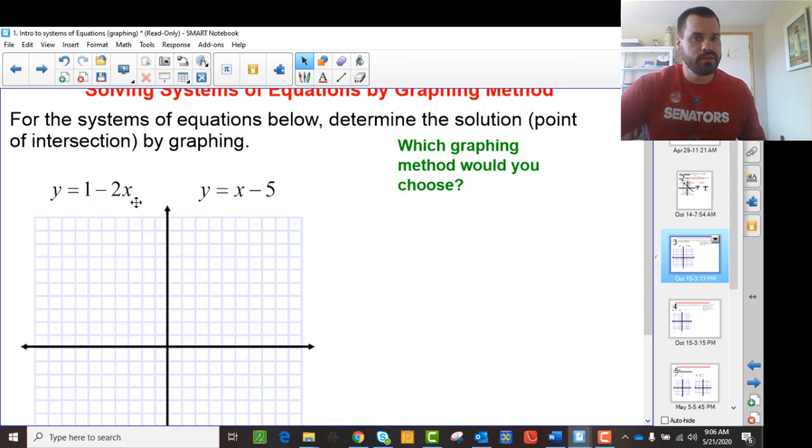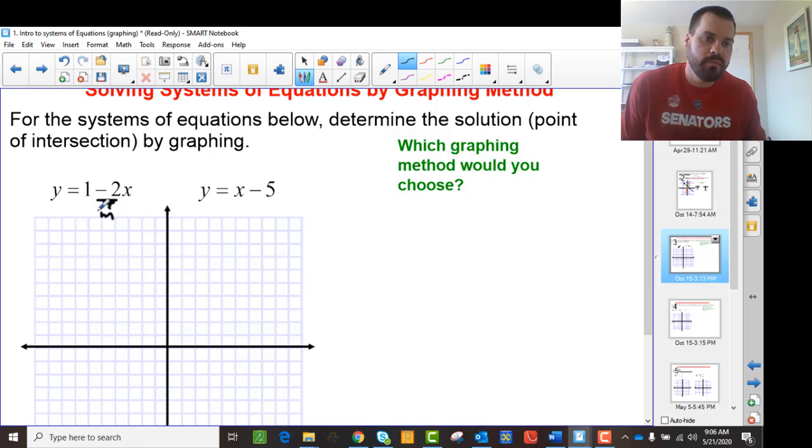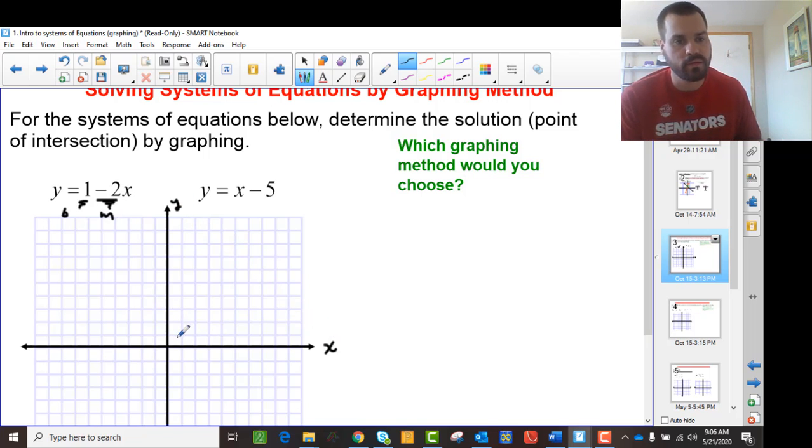So what I'm going to look at is, in this case, y equals 1 minus 2x. This is my slope, minus 2. That's my m. And that's my y-intercept, that's my b. So if this is x and y, and this scale is going to go up by 1, I'm going to start here at 1. And then my slope is minus 2, which means I'm going to run 1 and rise minus 2. So I'm going to end up down here.